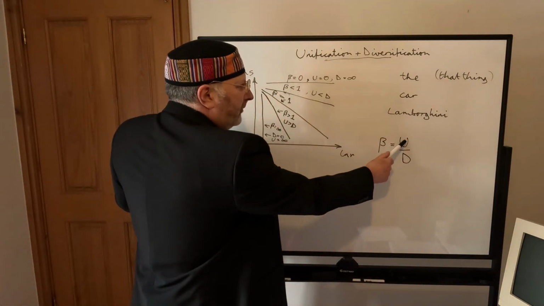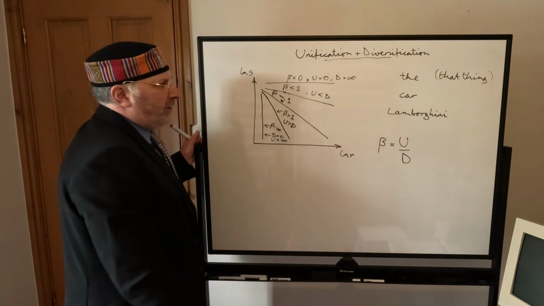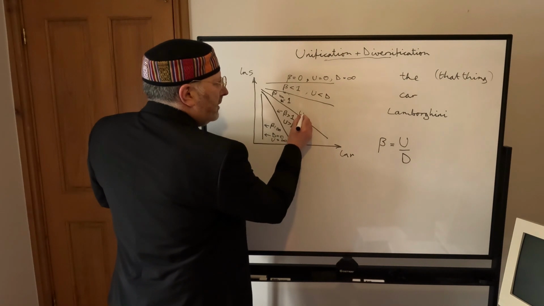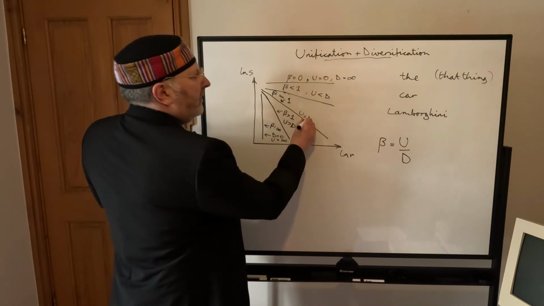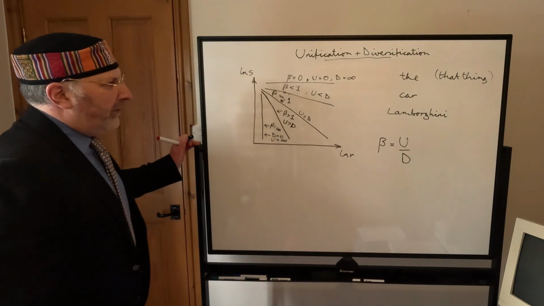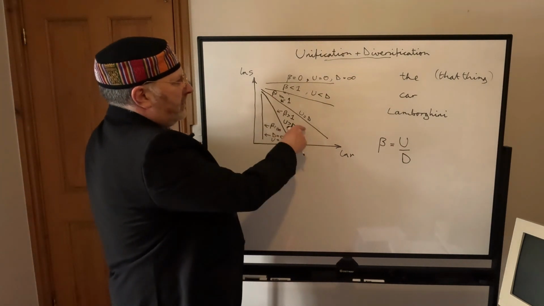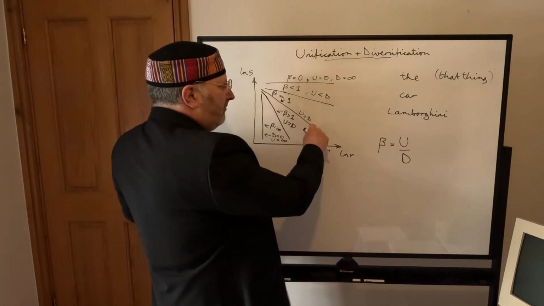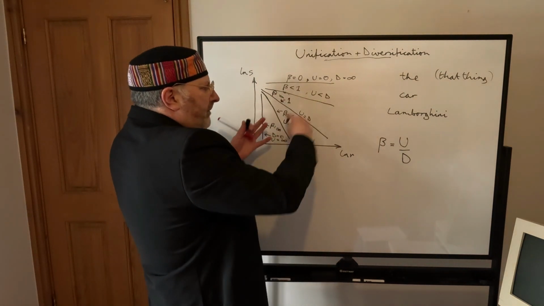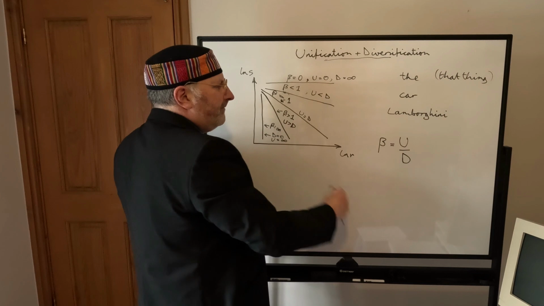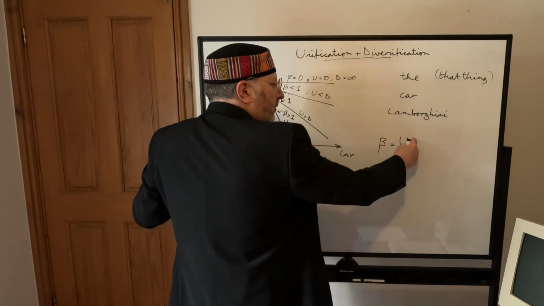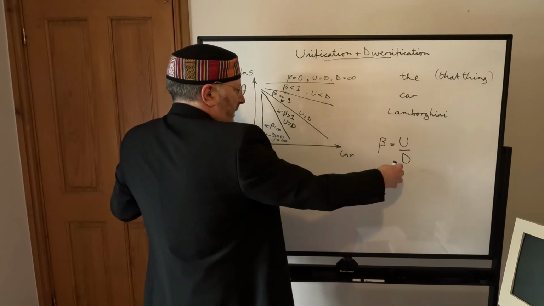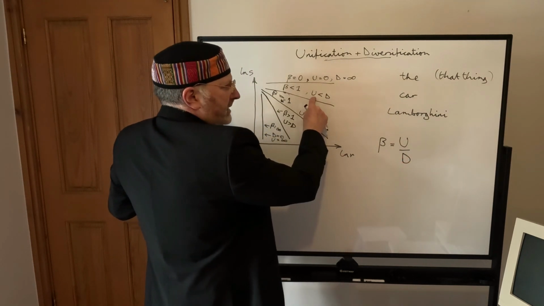If the forces of unification and diversification are in balance, so this was Zipf's original hypothesis, the slope is 1 because unification equals diversification. They're equal. That's the ideal compromise when the two forces balance. And of course, if U equals D, then it would be U divided by U. This will be 1.